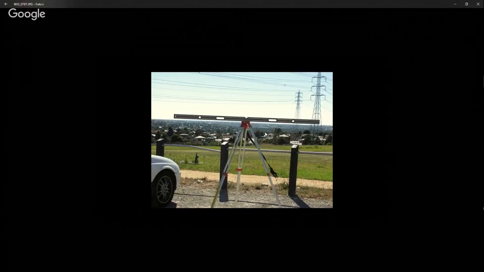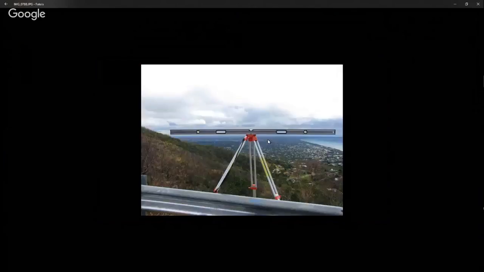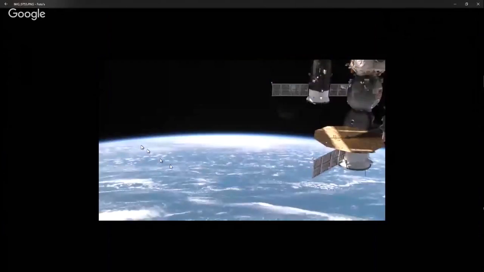So if we see a little curve here, it's perspective. Dig into it. It also belongs in the subject of flat Earth perspective. Wait, here we go. Another picture by the ISS, I believe.